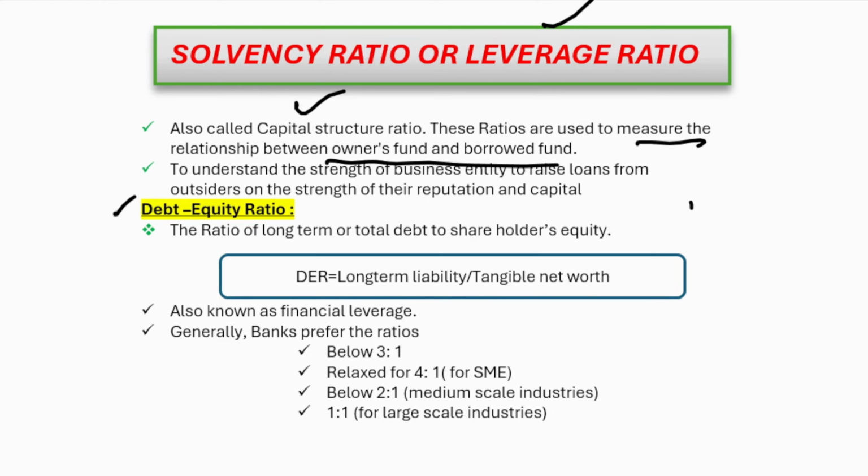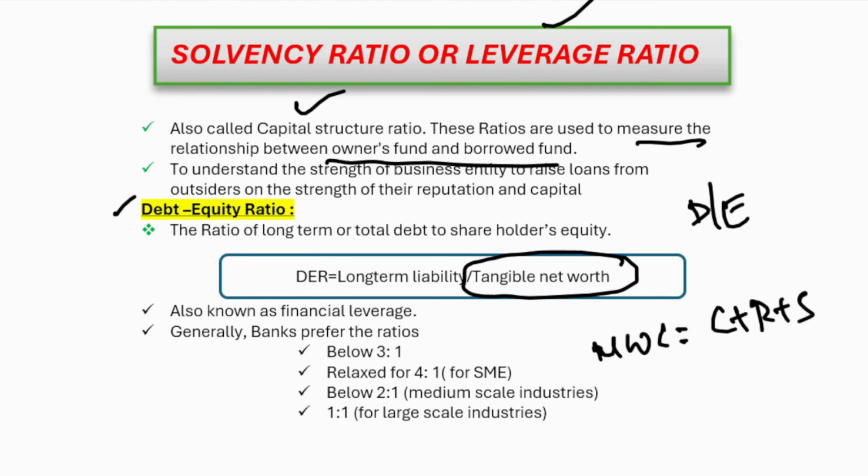Debt by equity. What is debt? Debt is nothing but long-term liability. By what? Equity is nothing but net worth, that is capital plus reserves plus surplus. But we are talking about tangible net worth.